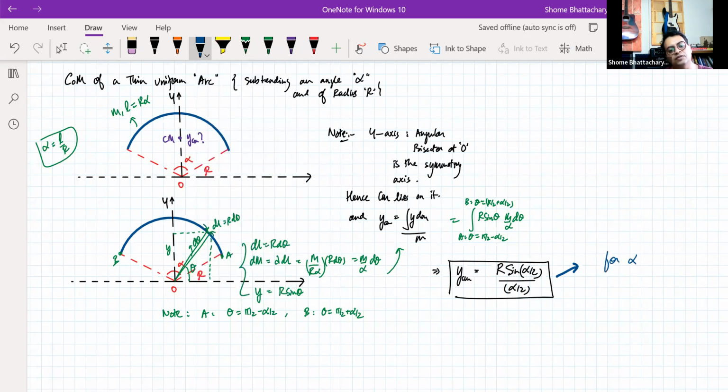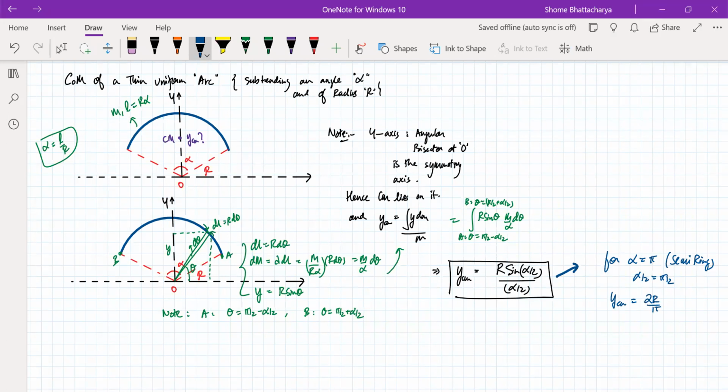For alpha equal to pi, we take a semi-ring. So our alpha by 2 is pi by 2, and y CM will become 2r by pi.